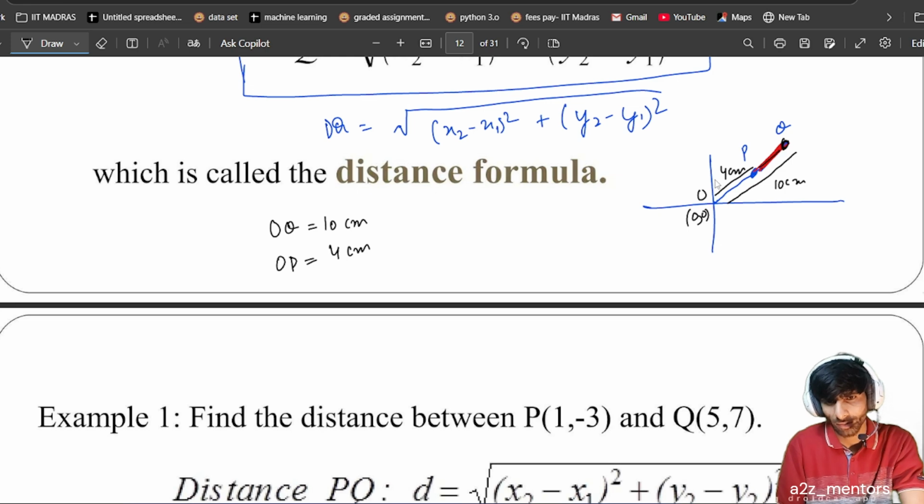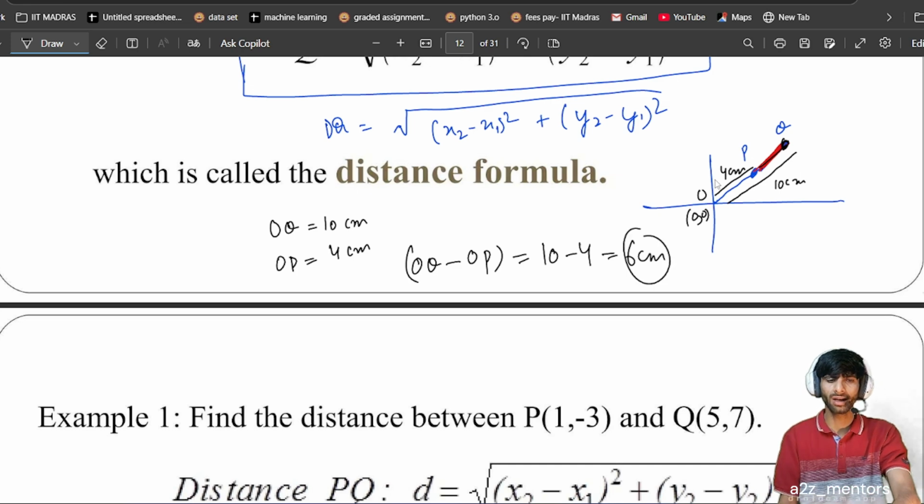So what is the value of this PQ? This means that PQ will be OQ minus OP. Are you getting me? This will be equal to 10 minus 4, that is 6 centimeter.